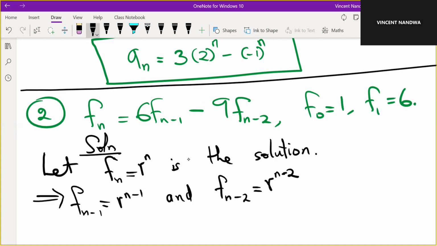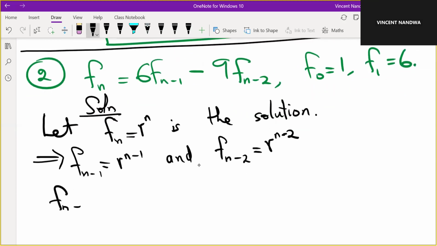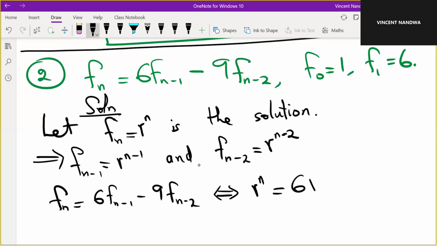Once you have assumed the solution in the form r^n, you can always define other sequences for n-1, n-2, etc. Then you substitute those values in the original recurrence relation. So f_n equals 6f_(n-1) minus 9f_(n-2). This now will give us, where there's f_n, we put r^n equals 6r^(n-1) minus 9r^(n-2). So which step follows?